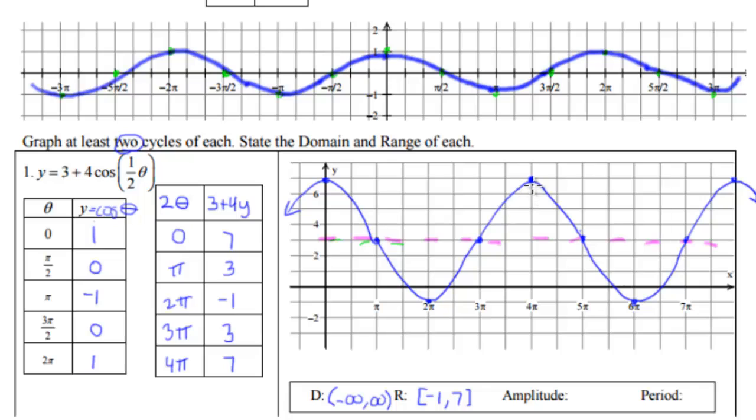And then you can get your amplitude right here, from the midline to the top, which is 4 units, or from the midline to the bottom, which is also 4 units. You can also see the amplitude here, and you can see the amplitude right here.